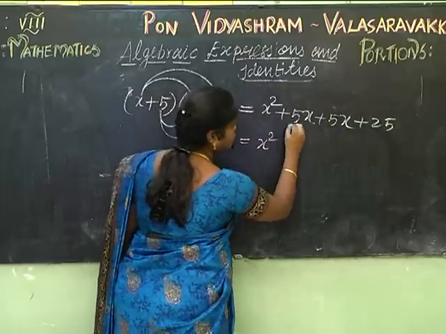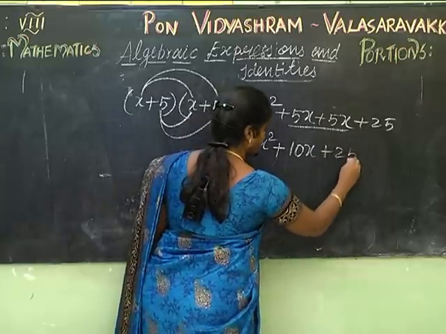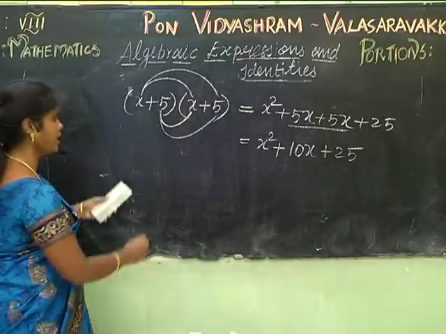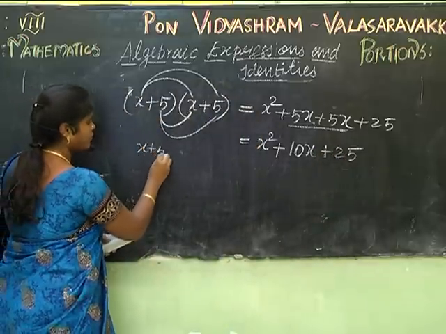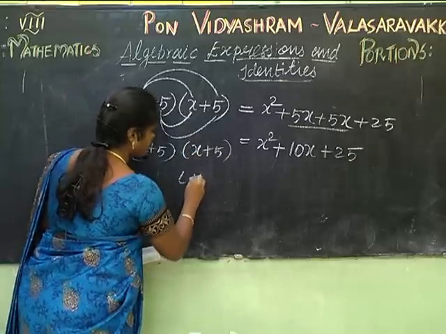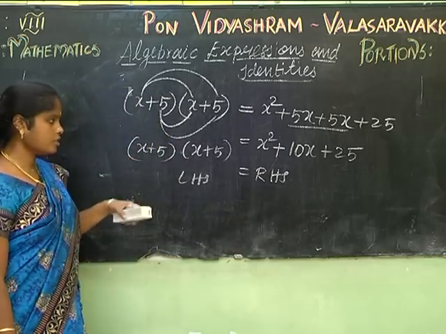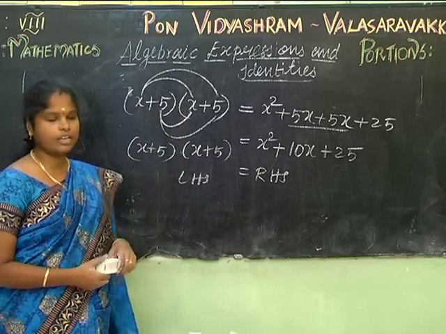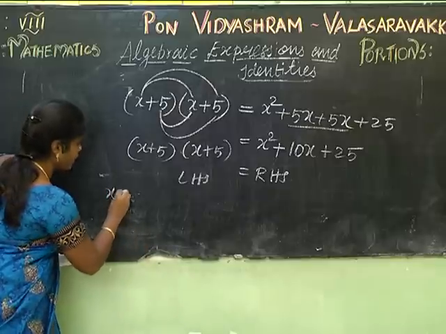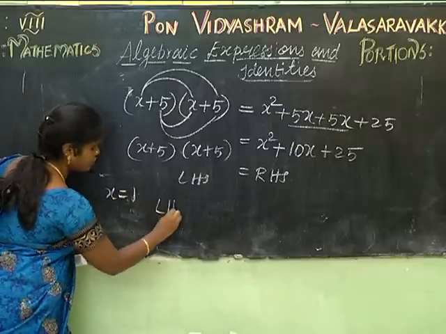So x square, these two are like terms, then add the like terms, 10x plus 25. So this is your LHS, x plus 5, x plus 5, and this is your RHS. Suppose when you substitute the value of the variable, suppose I am substituting x equal to 1. So take the LHS.